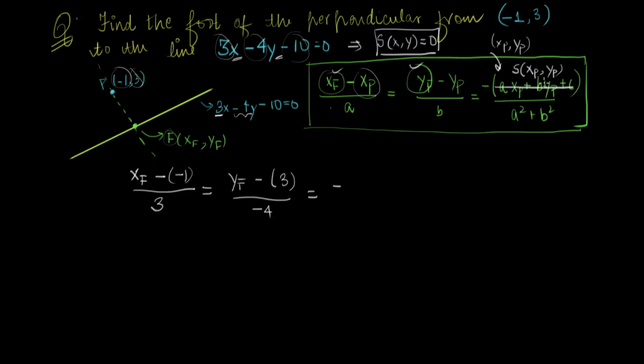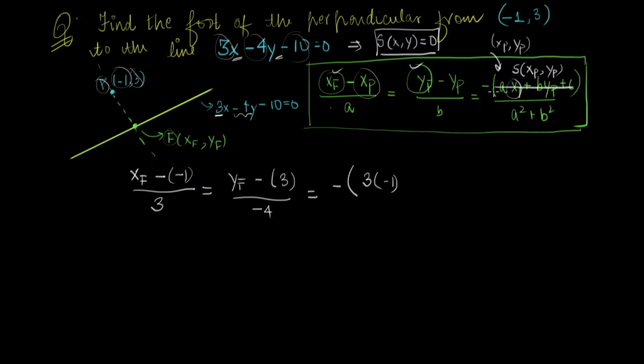Now this is where S(x_p, y_p) comes into play, and we write that as follows. 3, that's the coefficient, multiplied by x_p rather than the normal x, because we choose to evaluate this expression at a particular point, and the point is the point P. So rather than x, we substitute -1.